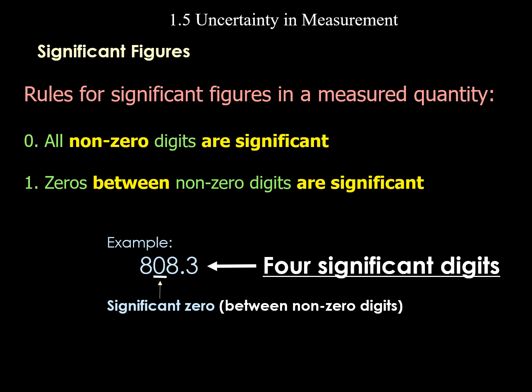The second one: zeros between non-zero digits are significant. So if the number is 808.3, the 0 in the tens column is considered significant. If the question to the class is how many significant figures in 808.3, the answer would be 4 significant figures.